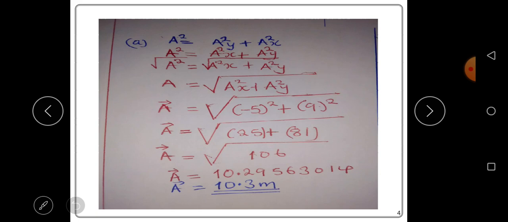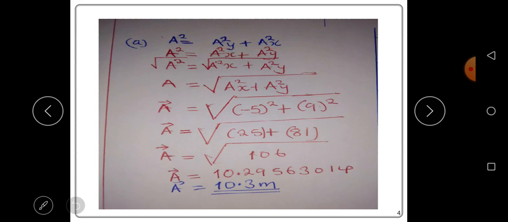To find the magnitude, this is the formula. A squared is equal to a squared y plus a squared x. These are just components of the vector.